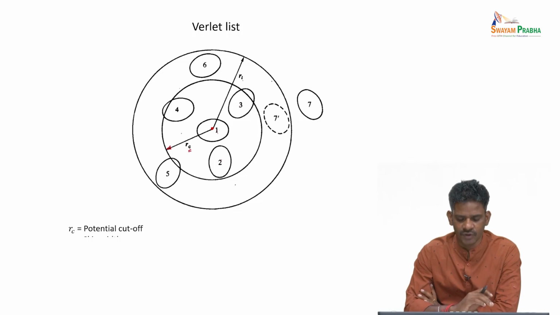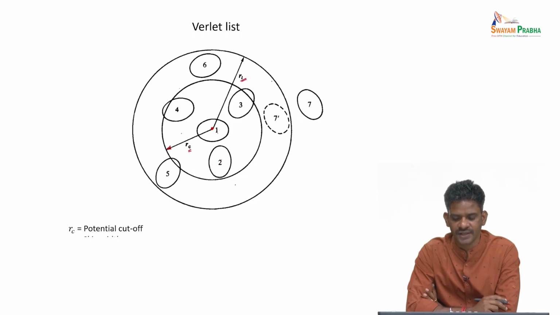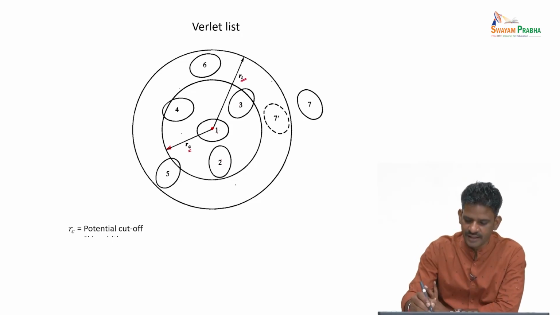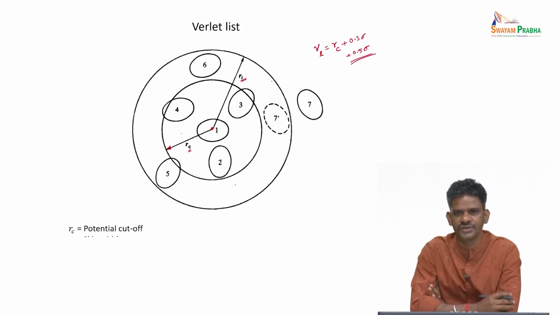However, in the Verlet list what we do is we define an additional cutoff radius, called a skin width RL, and this RL is basically an additional cutoff which can typically be defined as the potential cutoff RC plus some 0.3 times sigma or maybe plus 0.5 times sigma in the case of Lennard-Jones potentials.